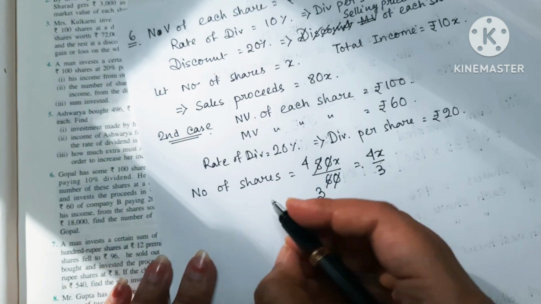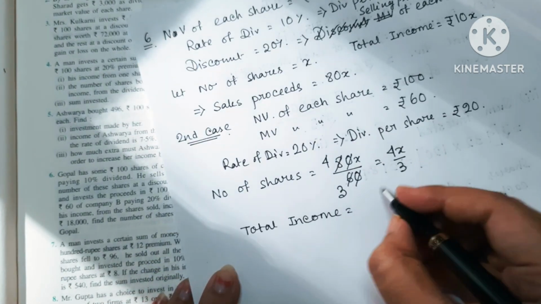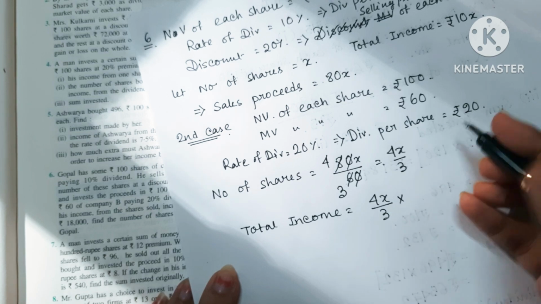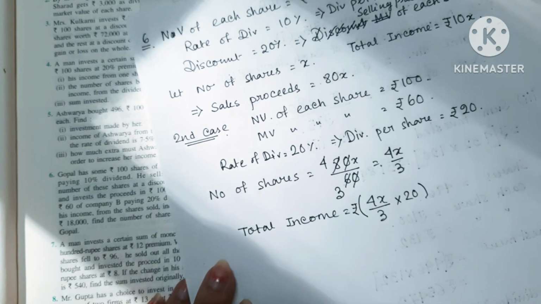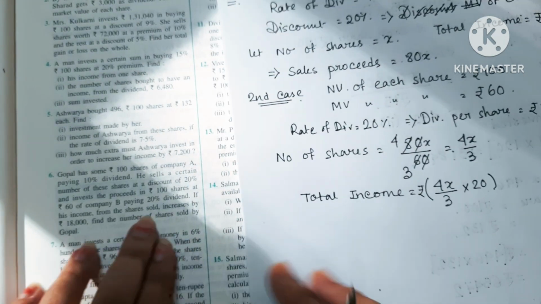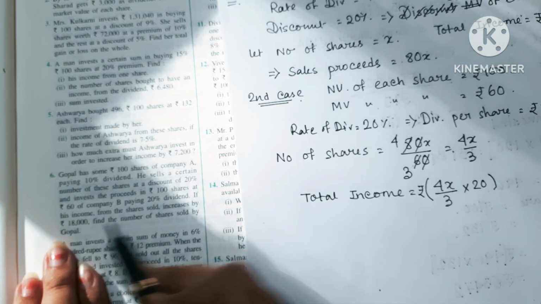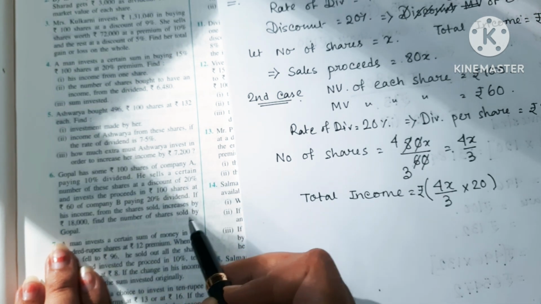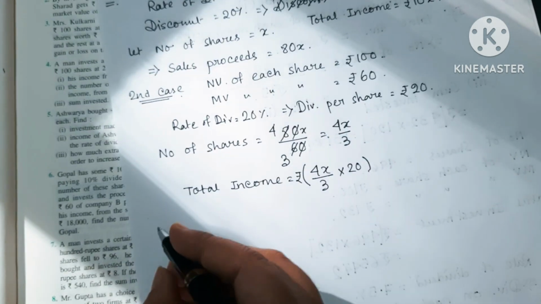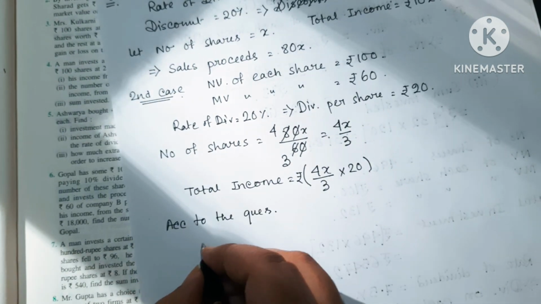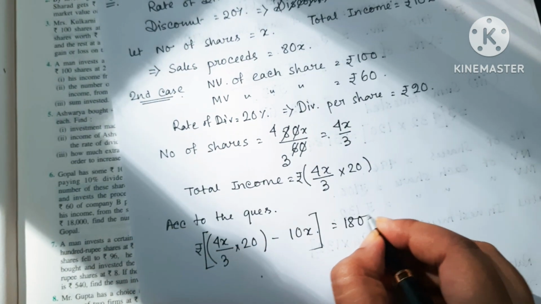Okay, and now here total income, number of shares into that dividend per share. Now see the question. If his income from the shares sold increased by this one, find the number of shares sold by Gopal. Okay, so that means according to the question, this one is equal to 1800.